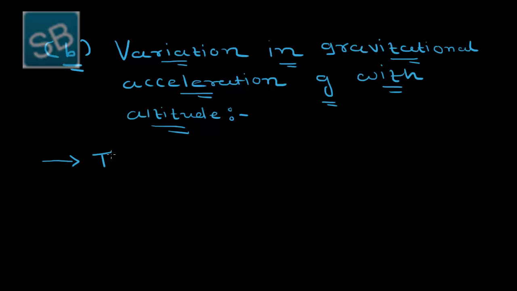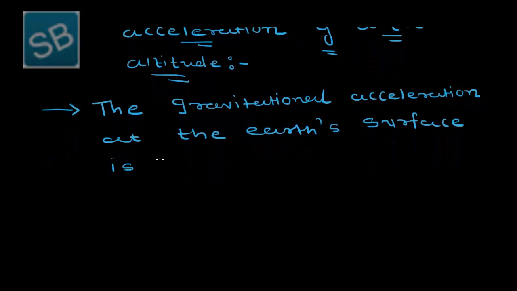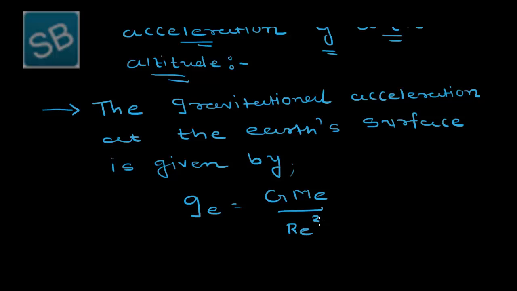So first of all, the value of gravitational acceleration at the Earth's surface is given by g_E is equal to G M_E over R_E square.